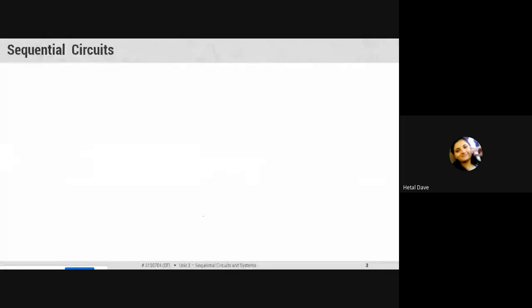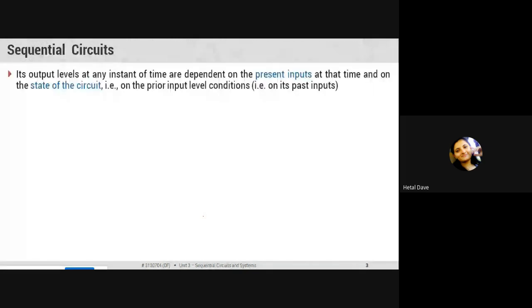Everyone will write in their book, chapter 3, heading sequential circuit. So here we will recall our combinational circuit first of all. What was a combinational circuit? Whenever we provide any input, instantly we get output.